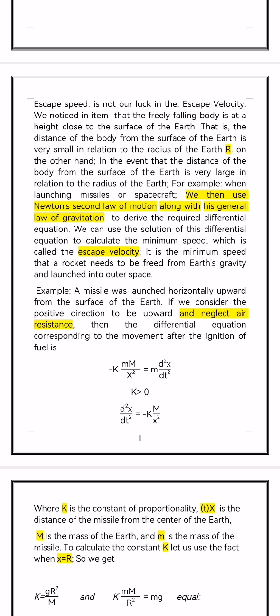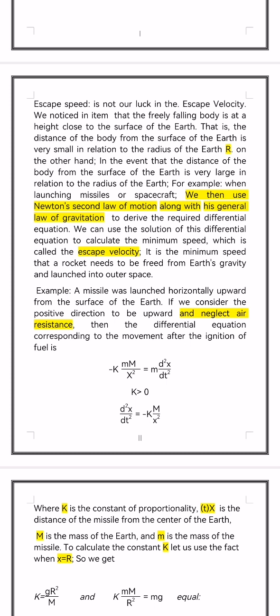Example: a missile is launched vertically upward from the surface of the Earth. If we consider the positive direction to be upward and neglect the air resistance, then the differential equation corresponding to the movement after the ignition of the fuel is minus k m M divided by x square equals m d square x divided by dt square, and also k is larger than 0.